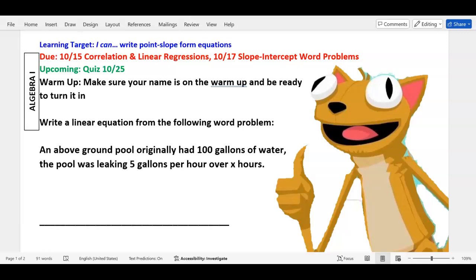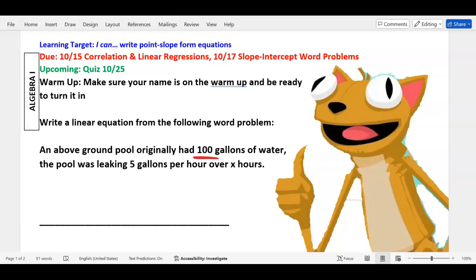But let's read this. It says, an above-ground pool originally had 100 gallons of water. The pool was leaking 5 gallons per hour over X hours. An above-ground pool originally has 100 gallons. So is that the M or the B? Is 100 changing or no?